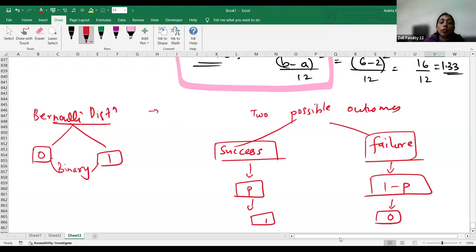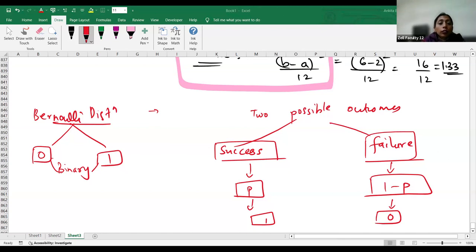So you can give a binary outcome to it, 0 and 1. Okay. So the Bernoulli distribution is a distribution wherein the outcome can be 0 or 1.